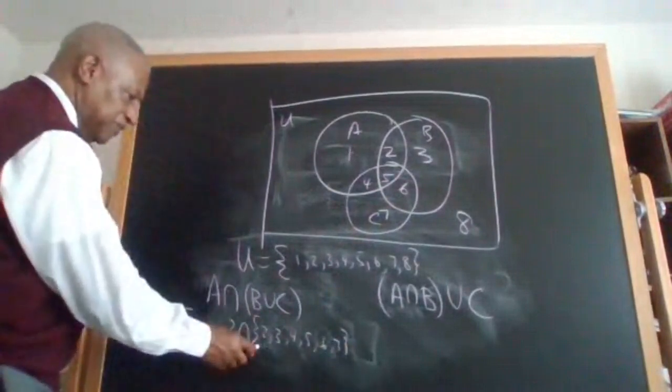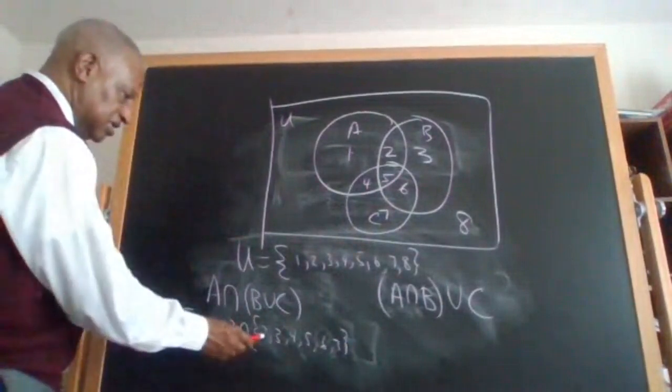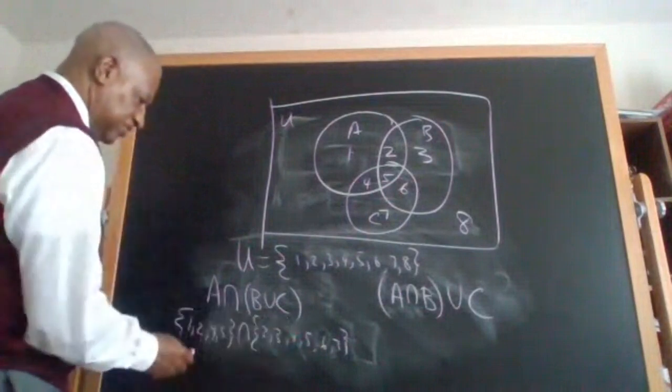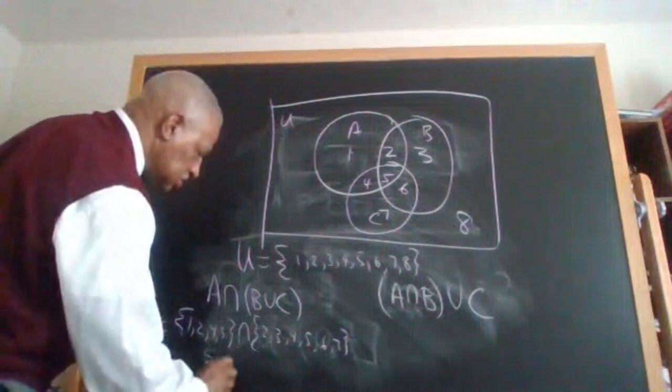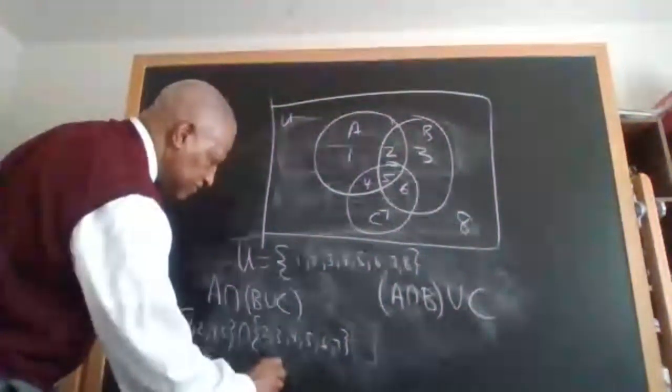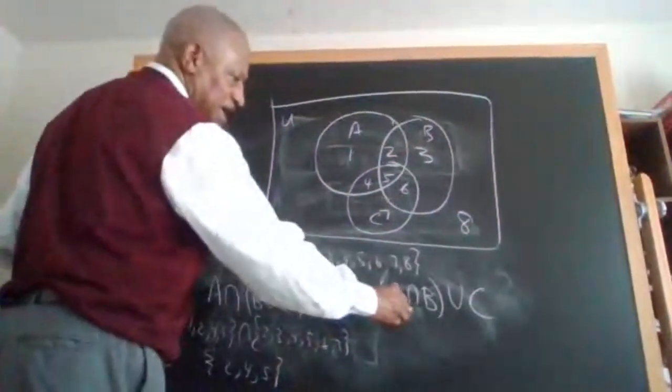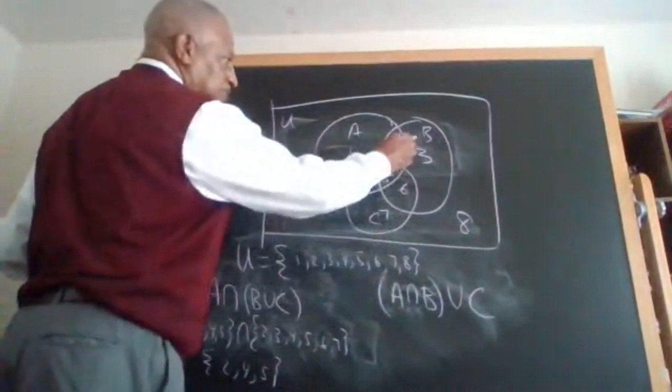When you do the overlap of these two, what do you get? You just get the 2, 4, and the 5, right? This comes out to be equal to 2, 4, and 5.